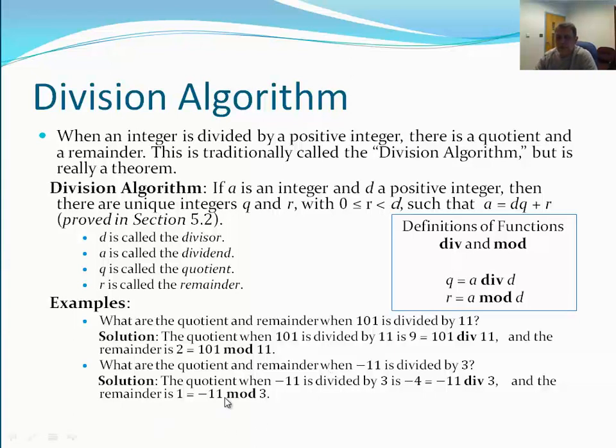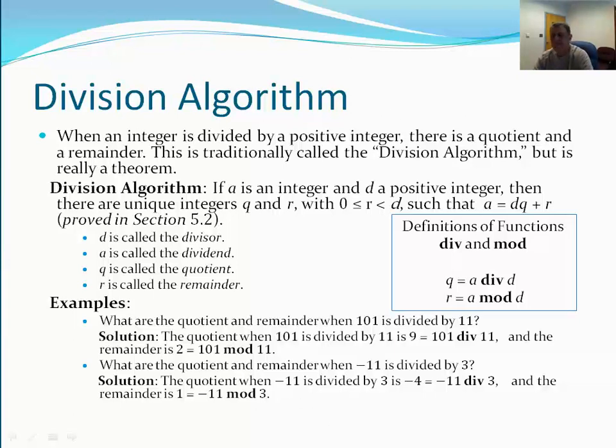The quotient is minus 4 and the remainder is 1. I have to put them in this equation. If it satisfies the equation, then it is correct. Minus 4 times 3 is what? Minus 12 plus 1 is minus 11.